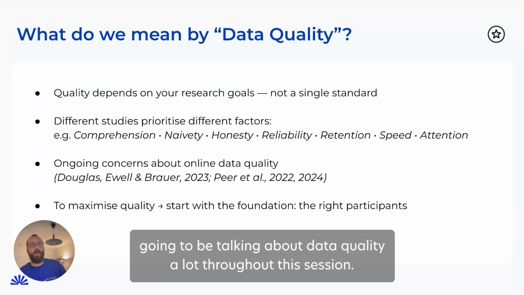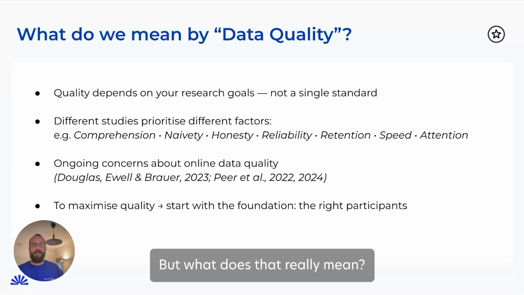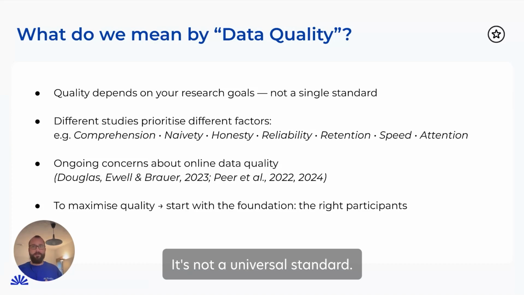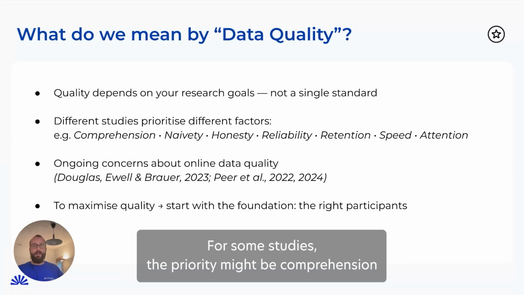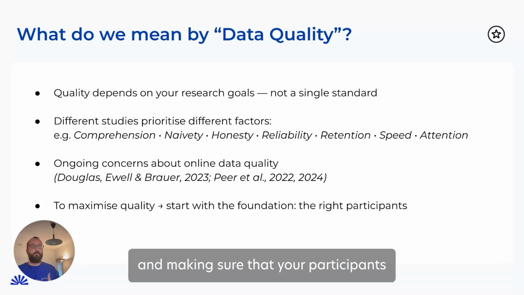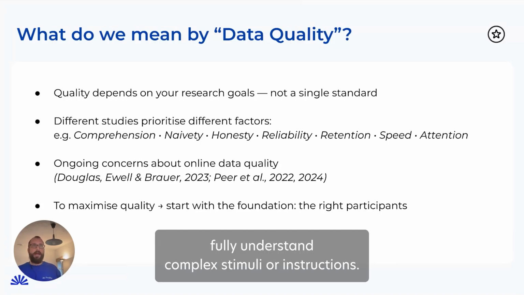So I'm going to be talking about data quality a lot throughout this session, but what does that really mean? It's not a universal standard. What counts as high quality depends entirely on what you're trying to achieve. For some studies, the priority might be comprehension, so making sure that your participants fully understand complex stimuli or instructions.